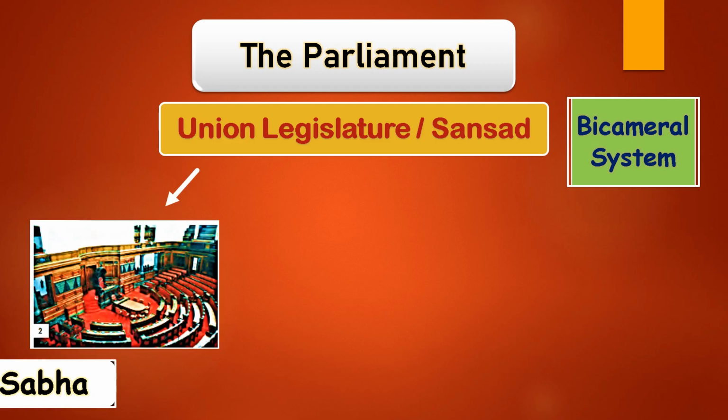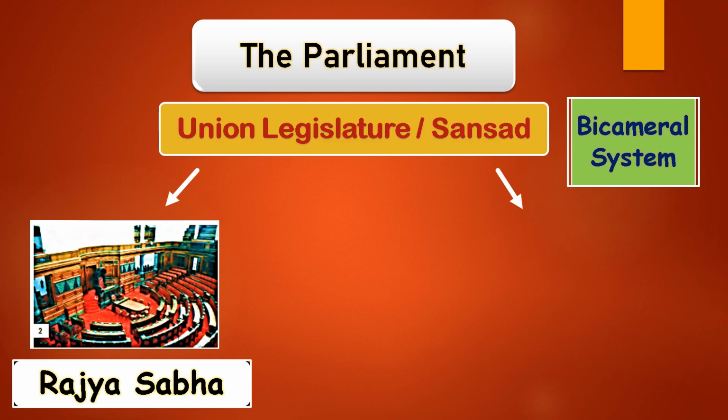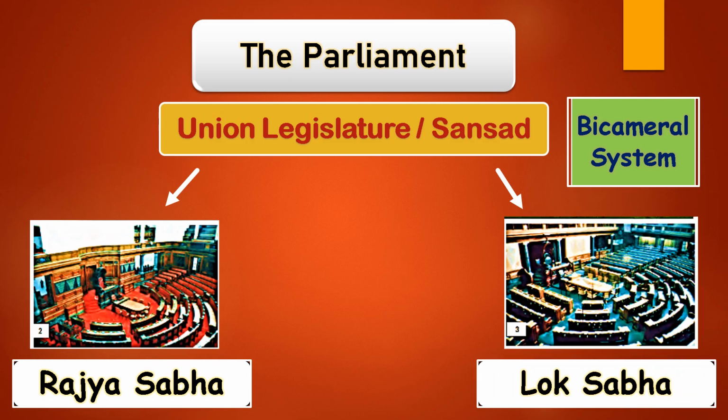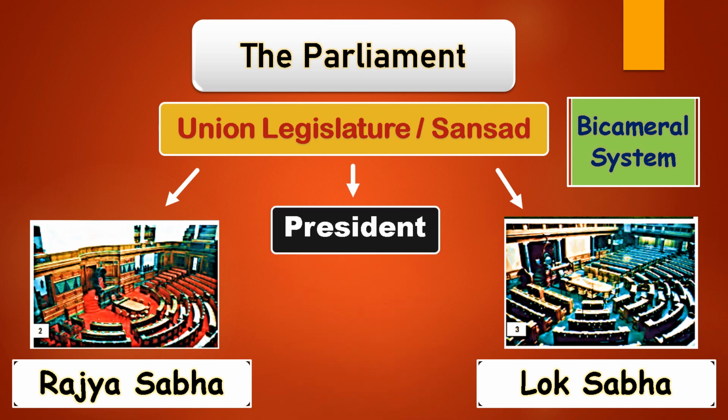The first one is Rajya Sabha and the second house, that is called Lok Sabha. Also we have third important component, that is the president, who is the nominal head of the government. So finally we have the three important components of the parliament: president and the two houses Rajya Sabha and Lok Sabha.